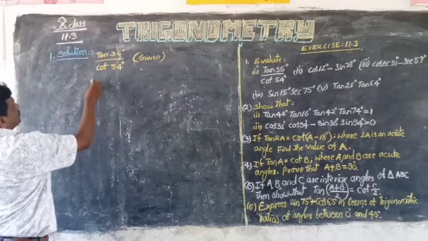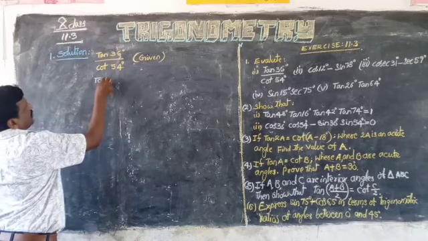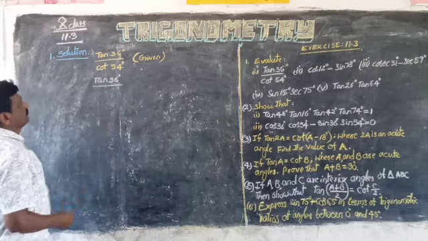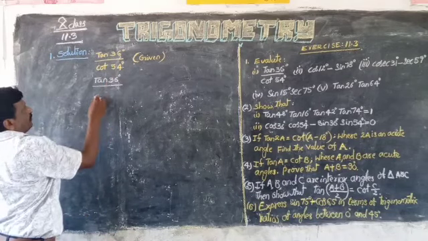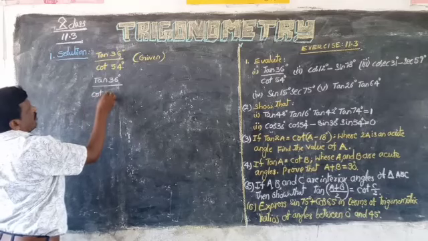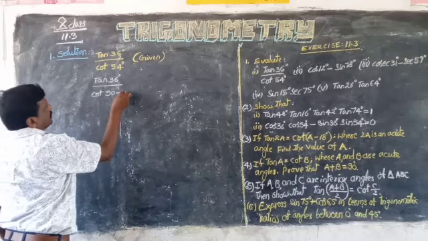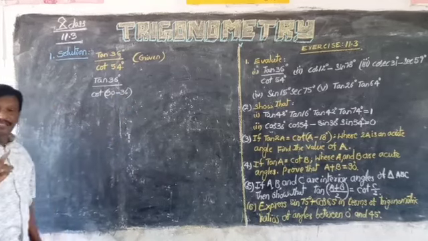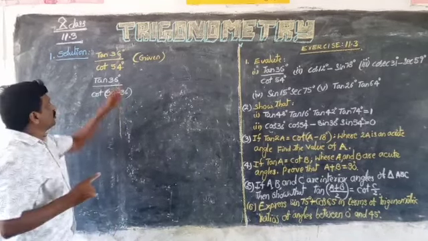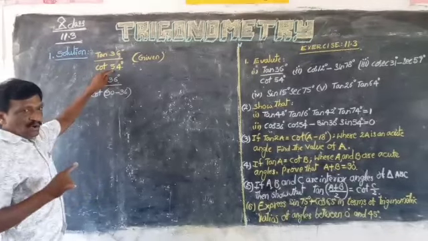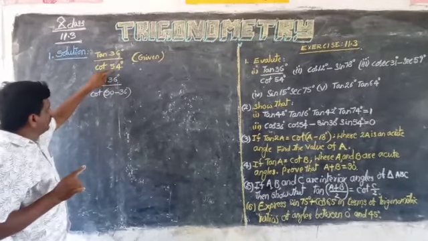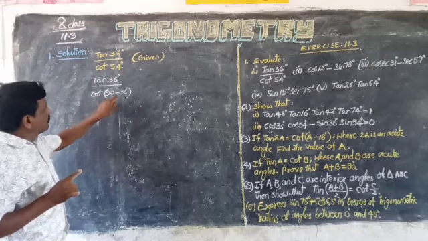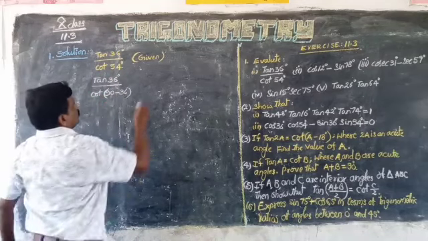First sum: tan 36 by cot 54. Solution: tan 36 by cot 54. Cot 54 is cot 90 minus 36, since 90 minus 36 is equal to 54.